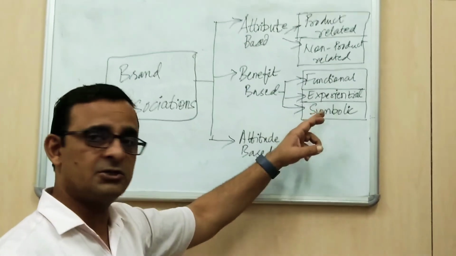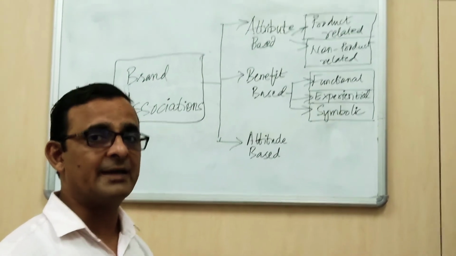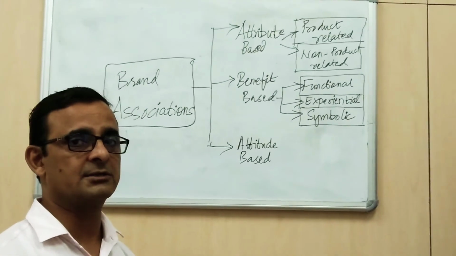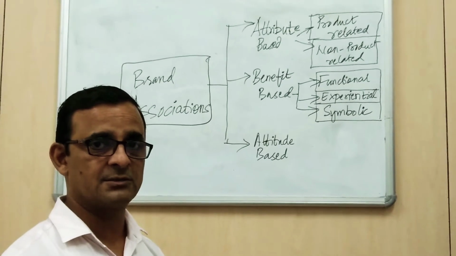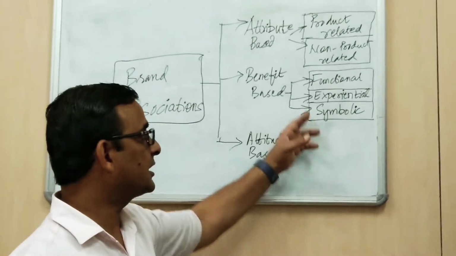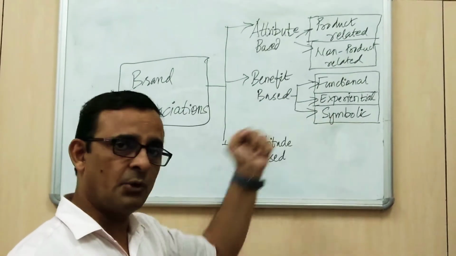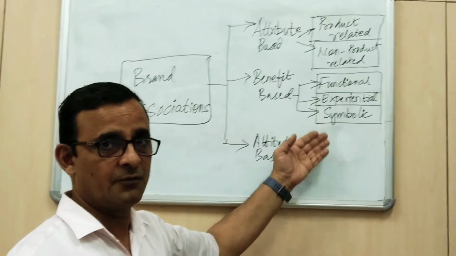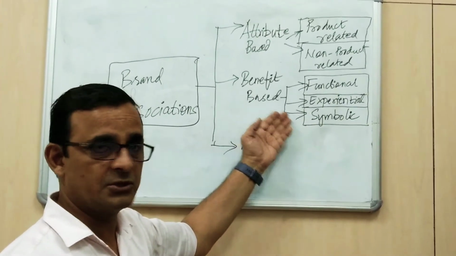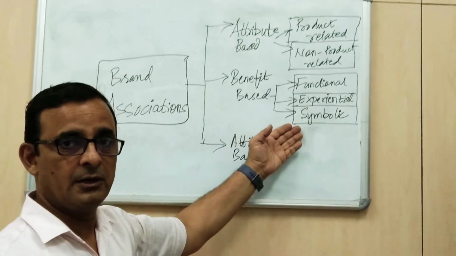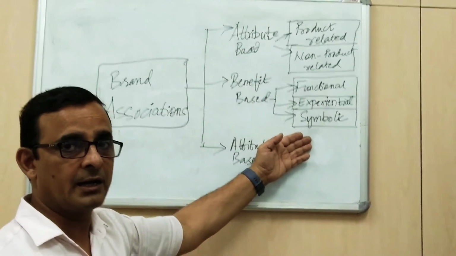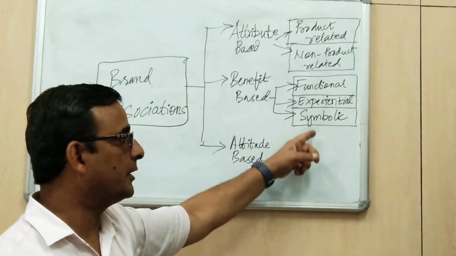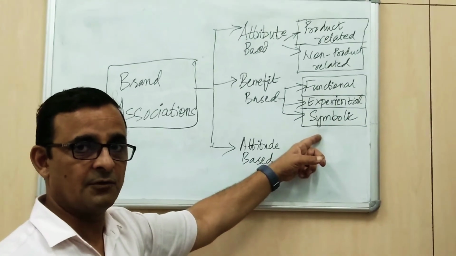But if it's an experiential benefit, you might have a housewife or somebody else endorse the experience they had while using the product. So this is experiential benefit. Symbolic benefit is the highest level of benefit based association which you might achieve while climbing the ladder through the life cycle of a brand.